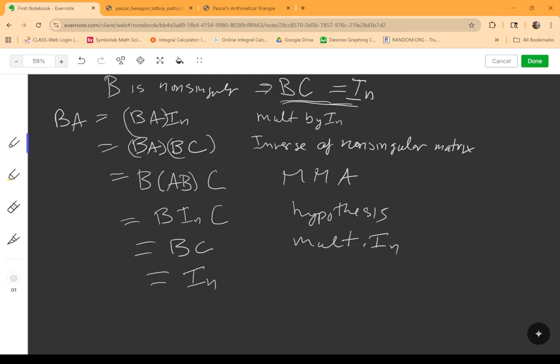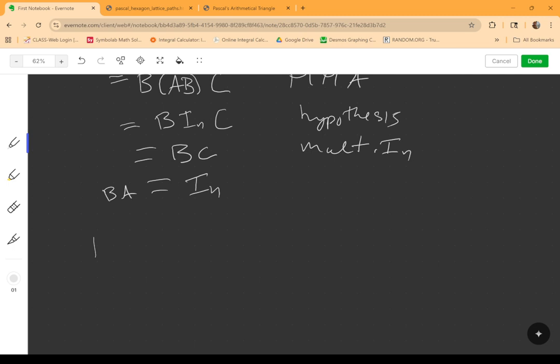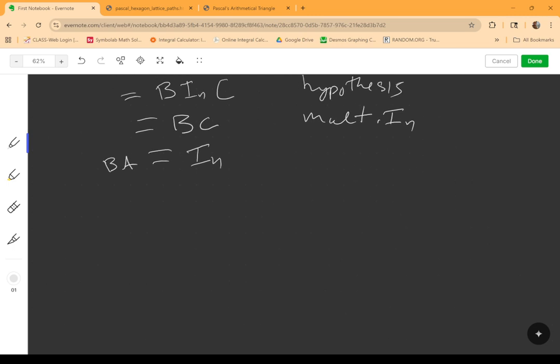Okay, so that means that now we've concluded our proof. We assumed AB gave us the identity matrix, and then we proved that if that's true, BA will also give me the identity matrix.